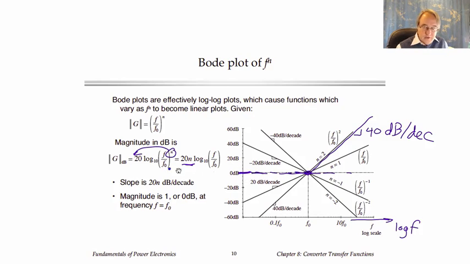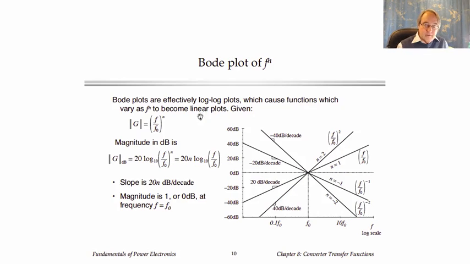So what we can do then is just take one point that is 0 dB at f equals f0, and then draw a line with the correct slope through that point. The big use of Bode plots is to approximate our magnitude function over different frequency ranges by functions of this form.